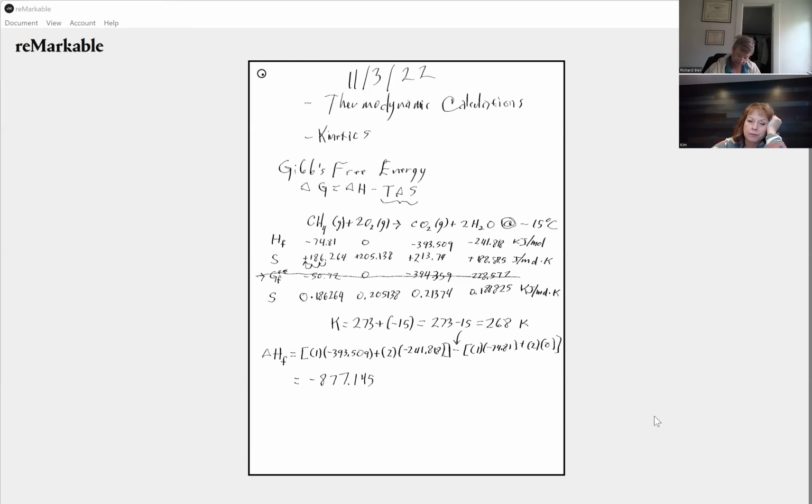Notice that this negative sign is going to cancel this negative sign. And we get a negative enthalpy. Negative enthalpy indeed tells us that this is exothermic.